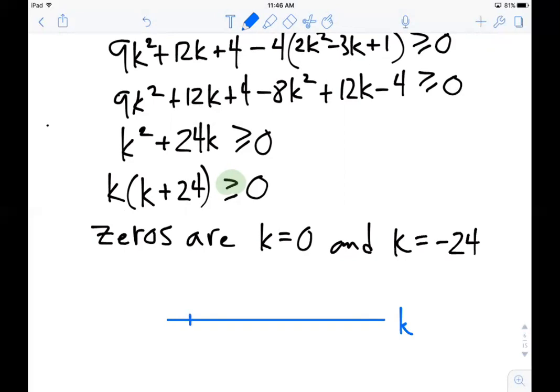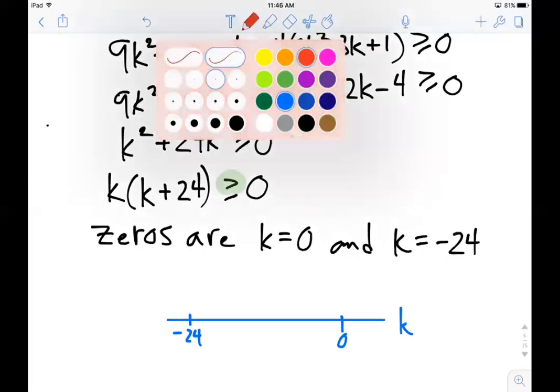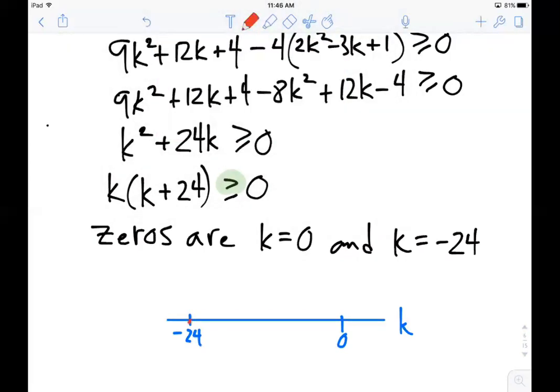I'll put negative 24 way down here, and I'll put 0 maybe here. And remember, it is okay for it to equal those values. So I'll put full solid dots on those points. And now instead of using all the k values in between, it's all of the k values outside of those. So in other words, from negative 24 farther down into the negatives, and from 0 towards the positives from there.